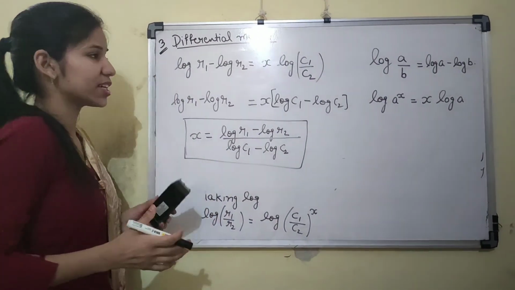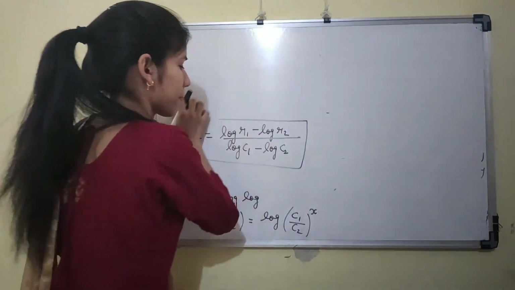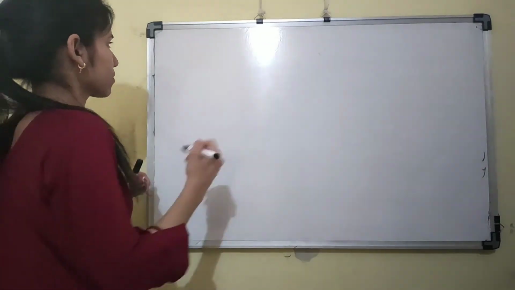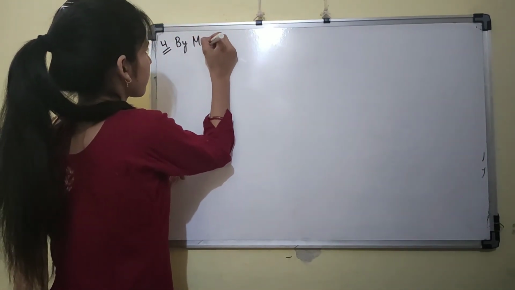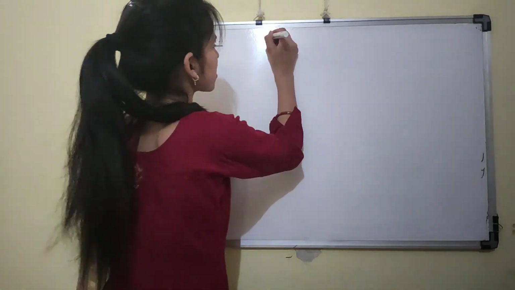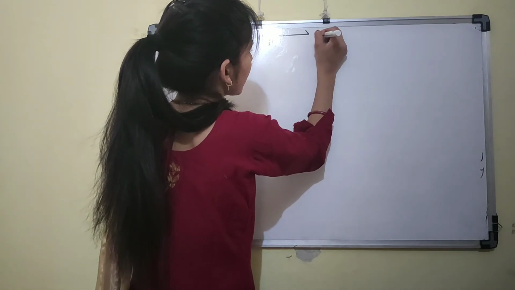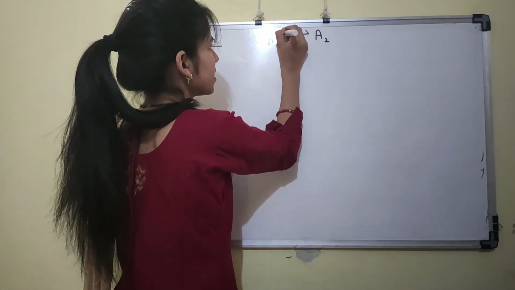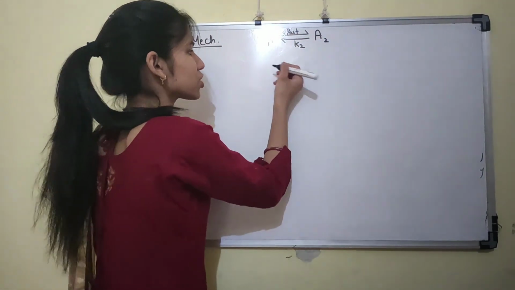Now the next method is by mechanism. In this, A is a reactant and it forms A2, and this is a fast step and its rate constant is K1 and the rate constant is K2 in the backward direction.